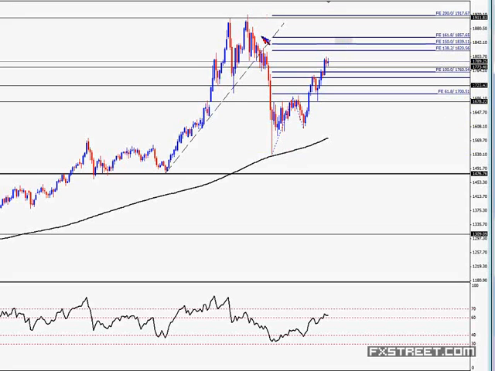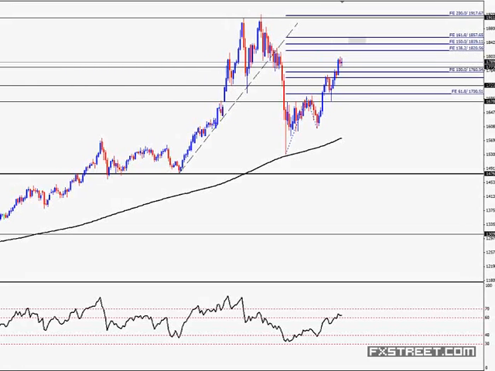Let me get rid of the Fibonacci retracement to show you that. Okay, so here 1839, that's sort of my target at the moment. 1839, 1840, which matches with your Fibonacci expansion. Oh, I'm sorry, that's already a Fibonacci expansion.